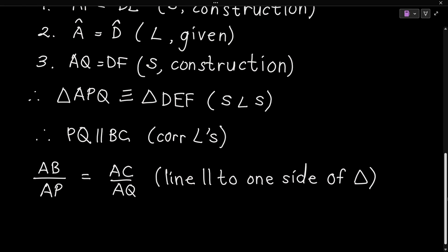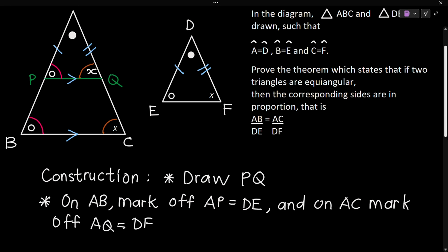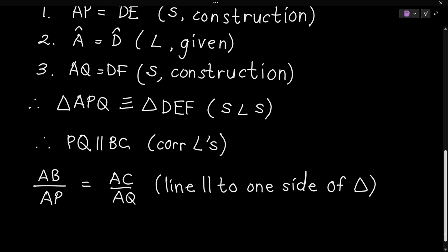So basically, that is the definition of the proportionality theorem. It says that if we have a line that is parallel to one side of the triangle, it divides the triangle proportionally. Alternatively, you can just mention proportionality theorem, but from what I have noticed, this is the preferred reason for this step.